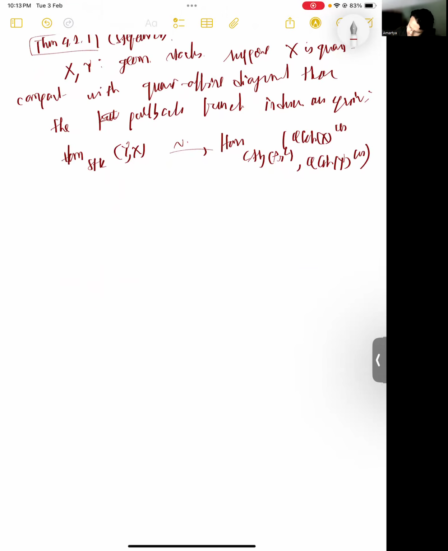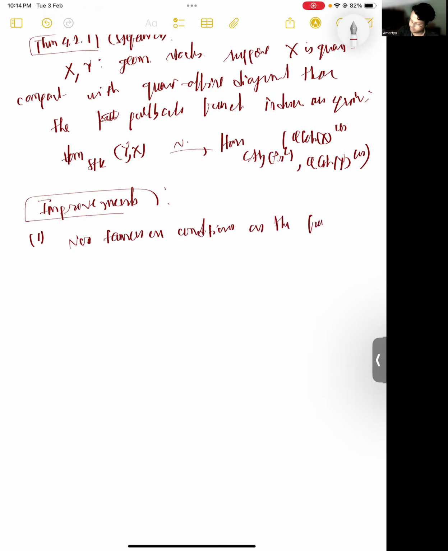So let's see what the improvements are that this statement gives us, in terms of removing the tameness hypothesis. The first is that there are no tameness conditions on the functor, which is the one that we care about.